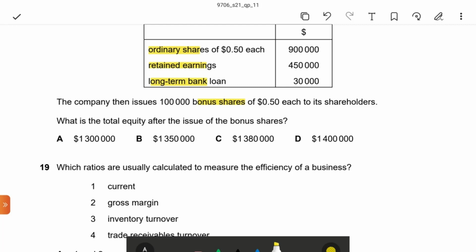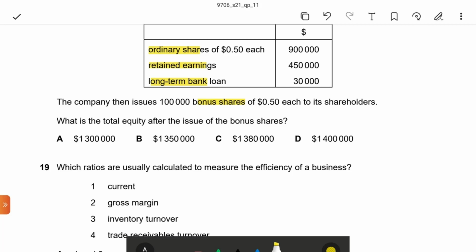So here, the bonus share. What do you mean by bonus share? A bonus share is when the company gives fully paid-up shares to the existing ordinary shareholders.